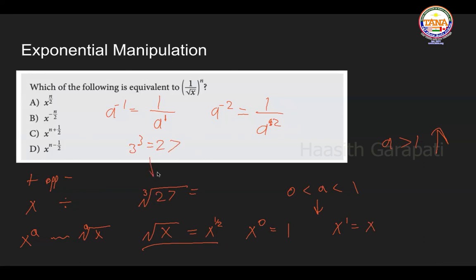And this is essentially the opposite of that, where 27 under the cube root is equal to 3. So in other words, the cube root of 27 is equal to 27 to the power of 1/3. You can imagine that 3 to the power of 3 and 27 to the power of 1/3 are related like that.